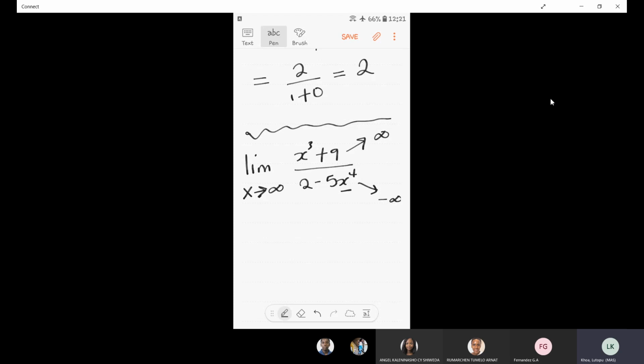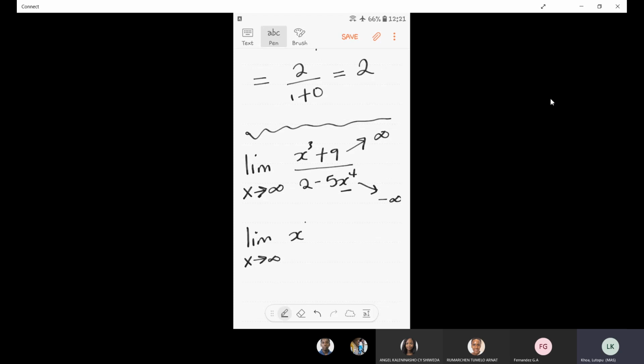Okay, but we still work it out in exactly the same way, in that we will factor out the highest power, the highest degree of x. So to do that, I will say the limit as x goes to infinity. Now the highest degree of x in the whole fraction is x to the power of 4. So that is what I'm going to factor out.